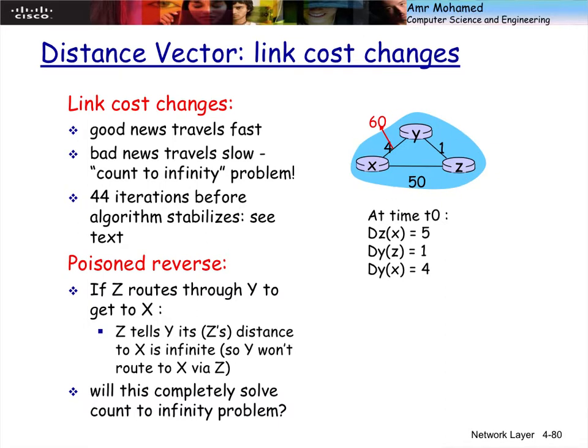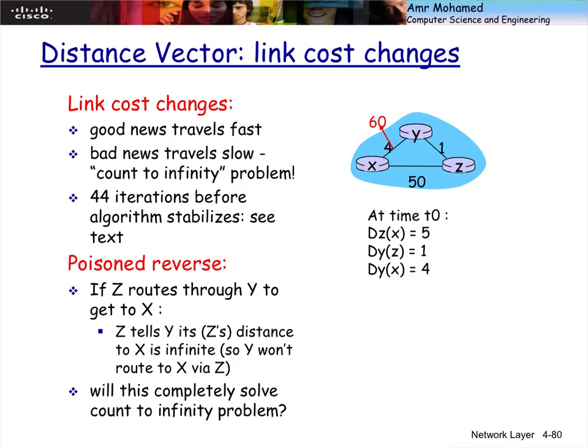So pay attention to the fact that here we're talking about a very simple network of 3 nodes. We're not talking about a very large network. But as we will see, the worse link price will update its way through the network in a very, very slow way. It requires 44 iterations. So we need to see why this happens.